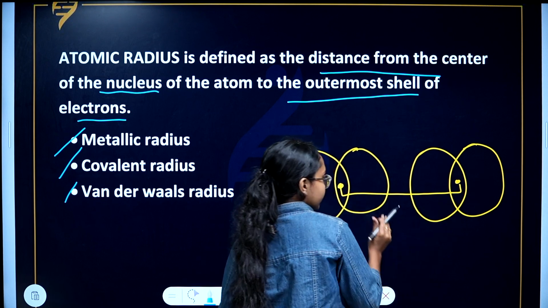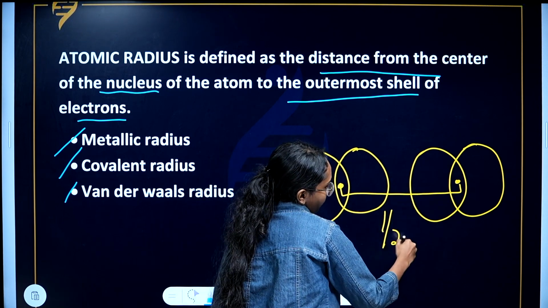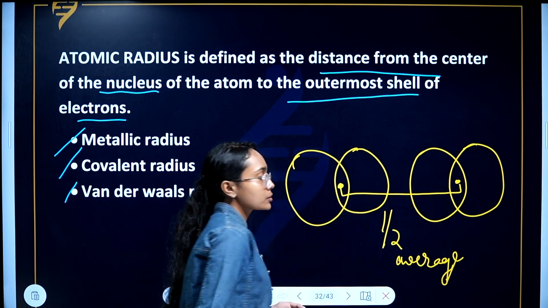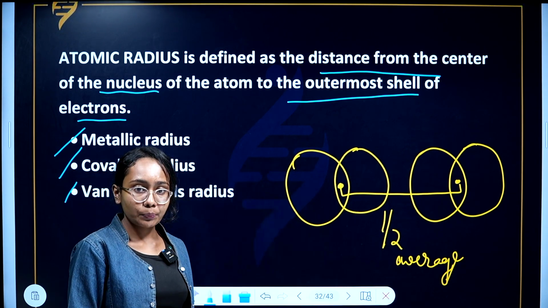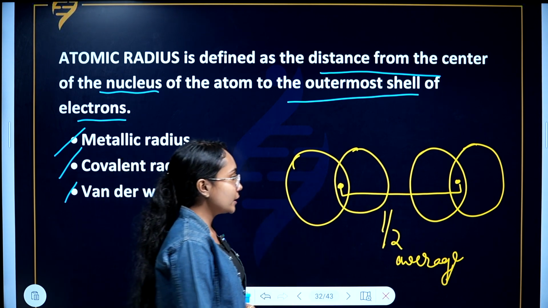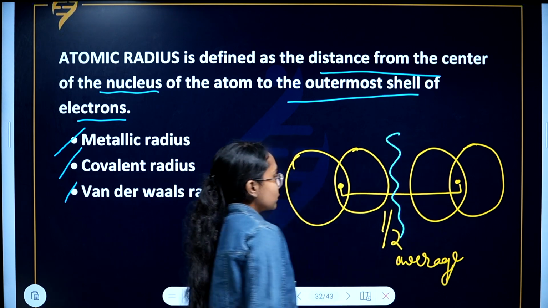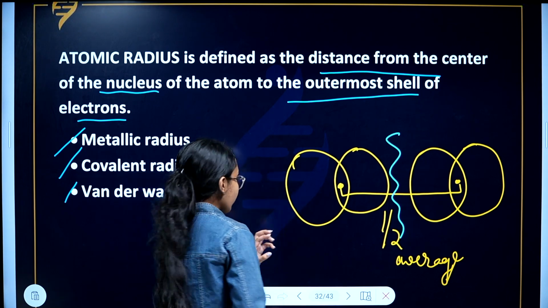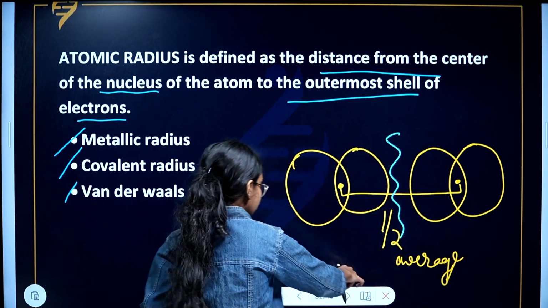The distance between these two nuclei is the internuclear distance, and taking half or average of this distance will give you the van der Waals radius. The two molecules are held by van der Waals force of attraction. They don't have any other contact. In such a case, half of the internuclear distance will give you the van der Waals radius.